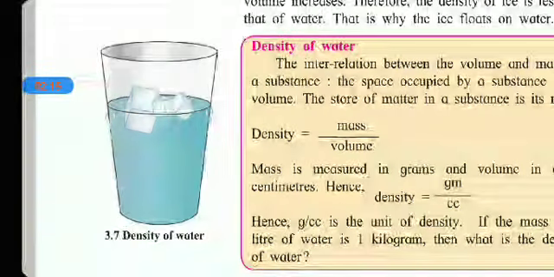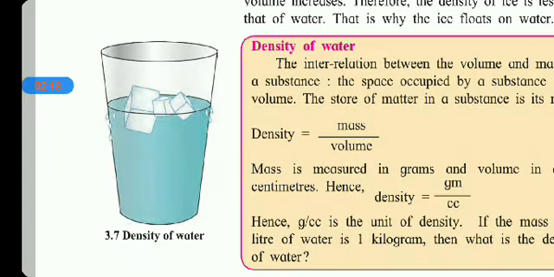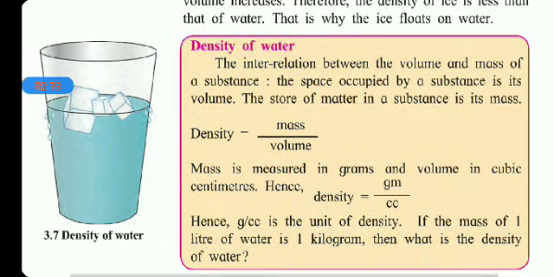Again, we have seen the formula for density. Density is equal to mass upon volume. So, the unit of density will be gram per cc, that is gram per cubic centimeter.